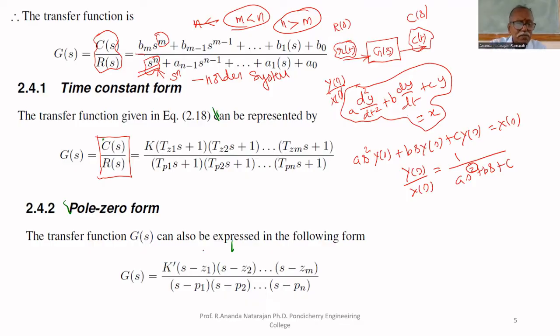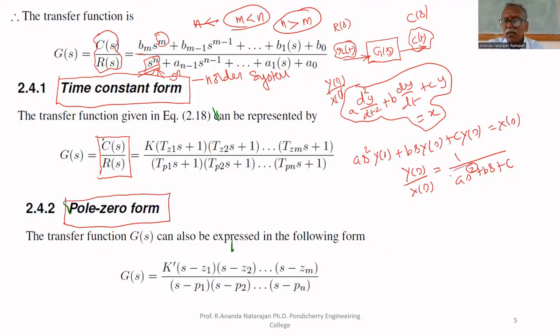The transfer function can be represented in two ways. G of s can be represented in two ways. One is called time constant form. Another one is called pole zero form. Suppose this is the denominator polynomial of second order system. If you find the roots for this, how many roots you will get? 2 roots you will get. Let us call them as z1 and z2.